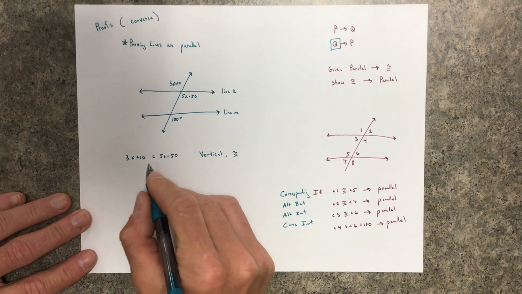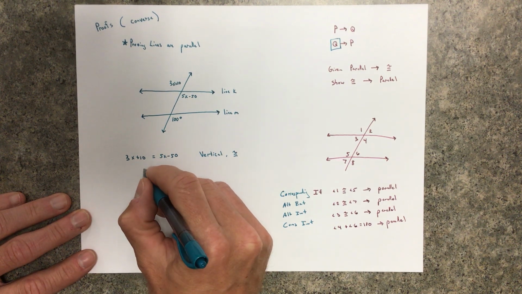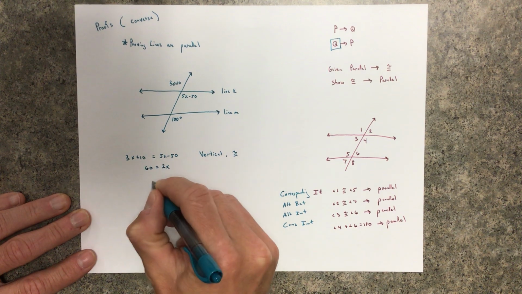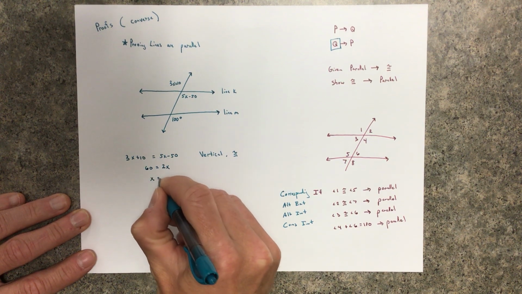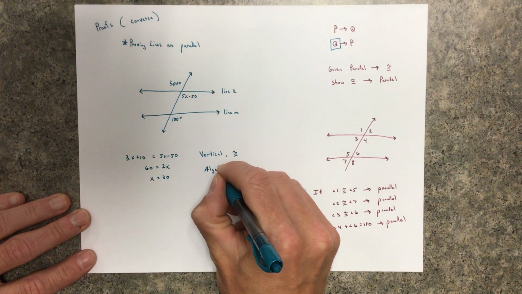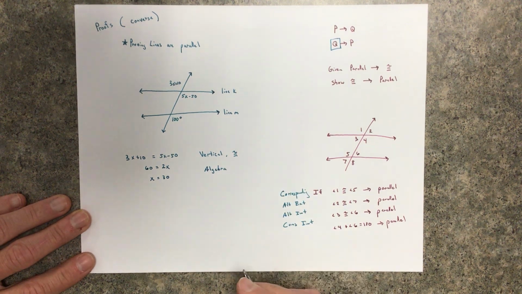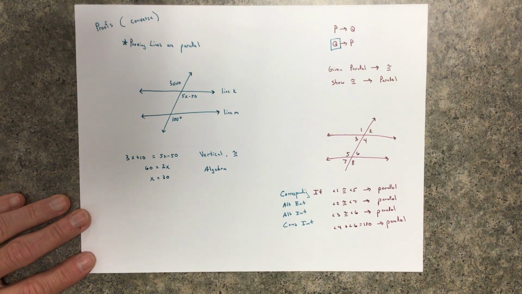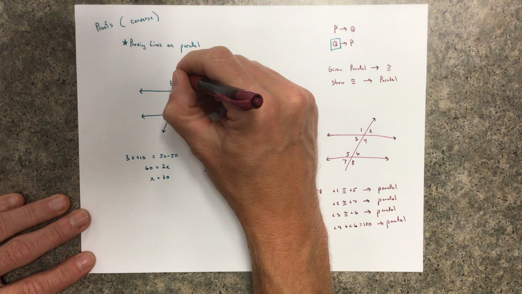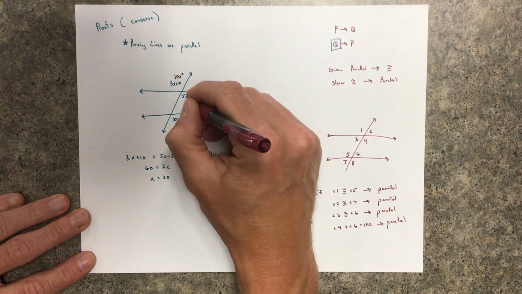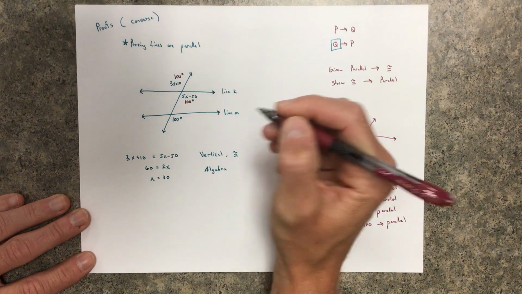So let's do some algebra. I'm going to add 50 to this side to get 60. I'm going to subtract 3x to get 2x, and I'm going to divide by 2, and x equals 30. I'm just going to write down, I did some algebra. So if x is equal to 30, then I know that this angle is 100 by substitution, and this angle is 100 by substitution.